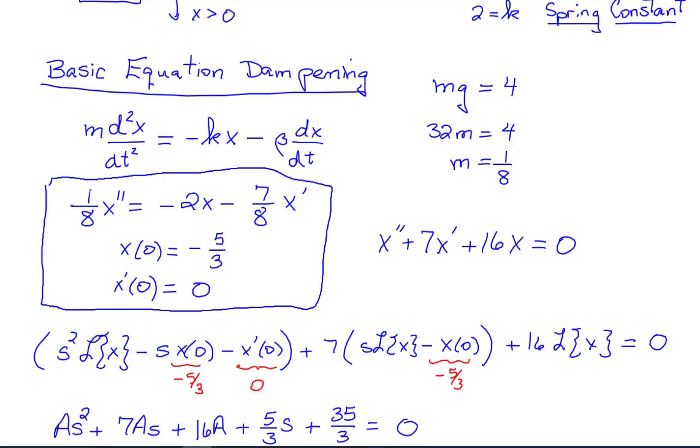So my basic equation for this dampening process looks like the following. X of t is position. M is mass, so mg is 4. Gravitational constant is 32 feet per second squared, and so m is 1/8. Spring constant was 2, so here's my dampening, spring constant, and mass.